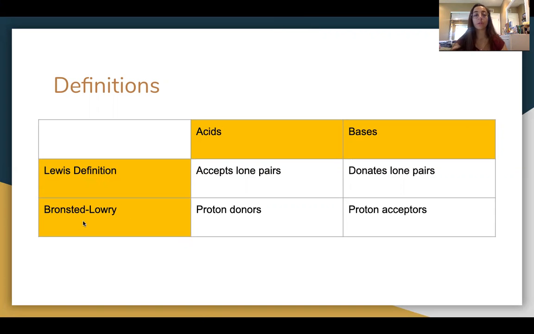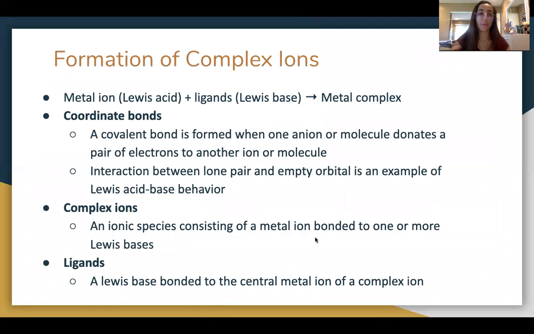However, for the Bronsted-Lowry definition, an acid is a proton donor, so it donates a hydrogen, and bases are proton acceptors. You should familiarize yourself with these definitions because questions like this will come up on the exam.